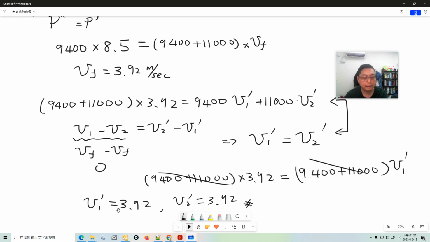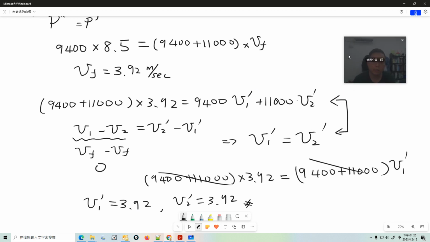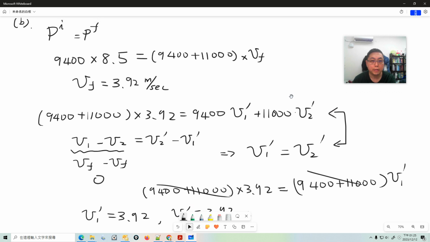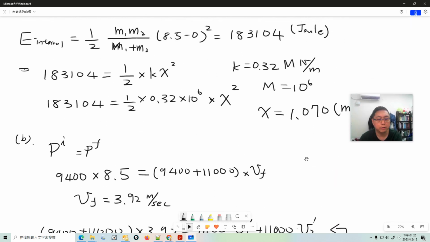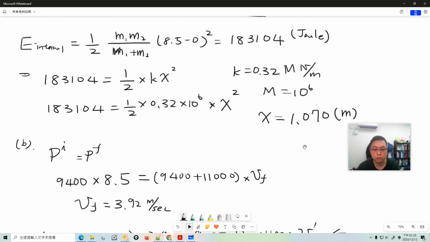I think the textbook also gives these answers. My only different opinion is the answer for the first problem. I think the maximum compression of the spring should be 1.07 meter.